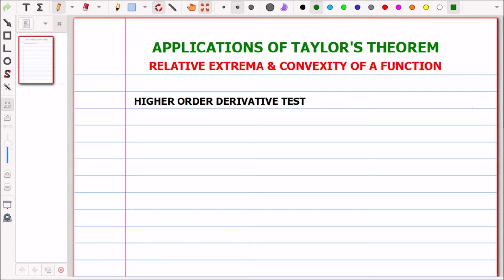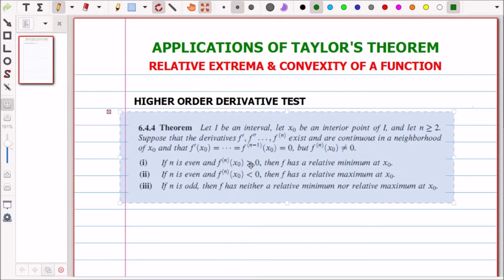In fact, it is a generalization of second derivative test. So let me just give you the statement of this higher order derivative test. So this is the theorem.